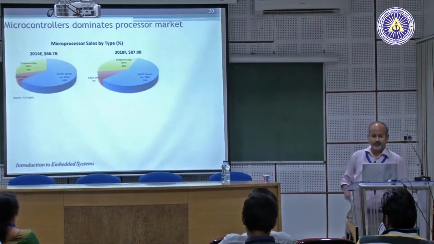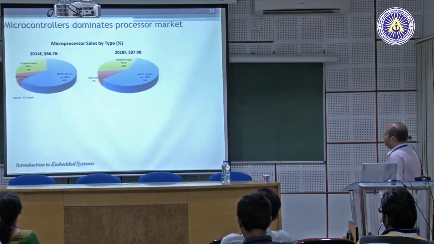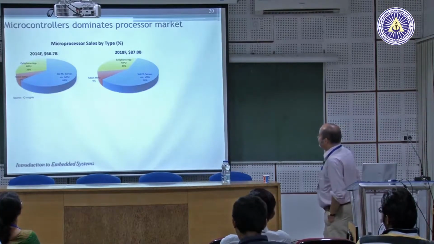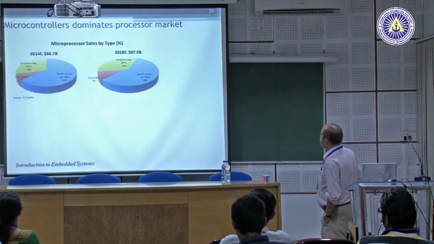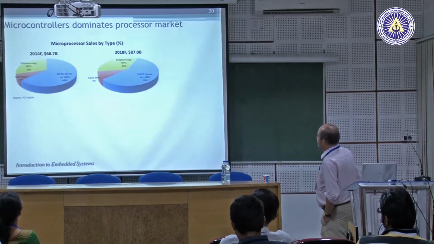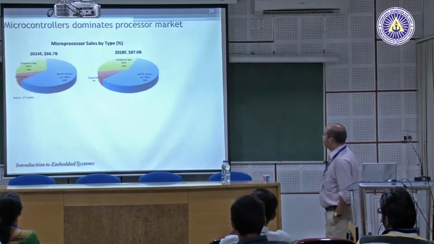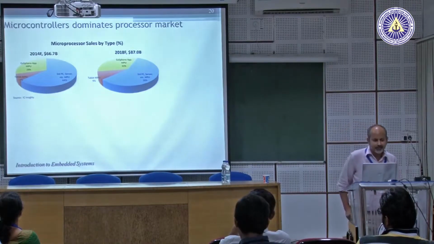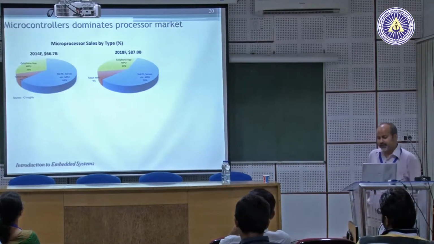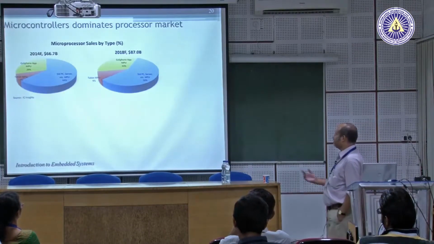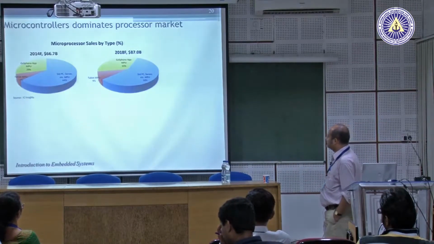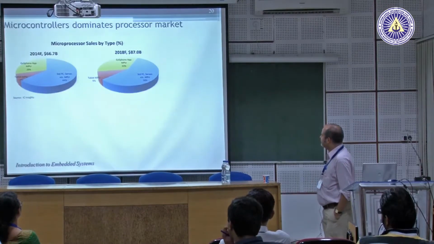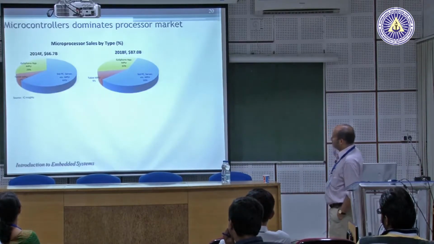If you look at a recent market survey, you would see that in 2014 the standard PC, server, etc. was 64% of the market, whereas cell phones and tablets, which are actually not microcontrollers but microprocessors, are about 31%, but it's slated to go up very quickly.